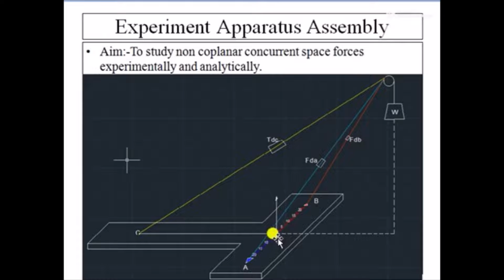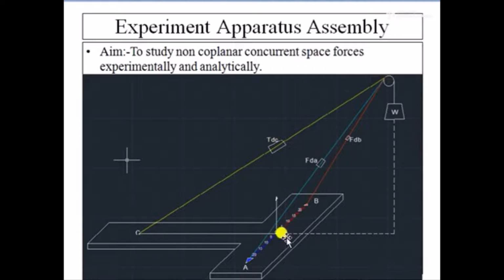One side of the T flap has A written on it, the other edge has B. The other end is written as C. Here there should be a pulley or a weight connected with point D and D dash. I have not marked D dash and D here, so please cooperate with the video.